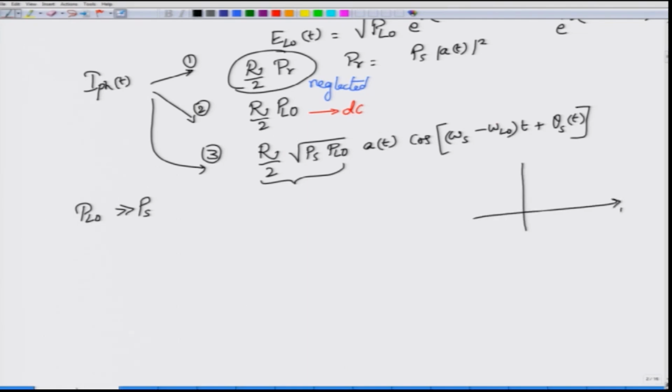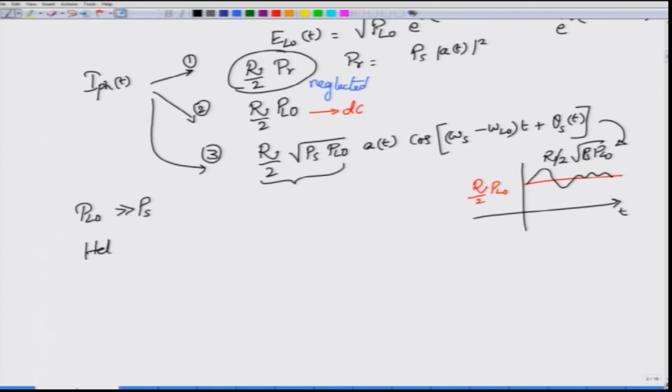As a function of time, there is a DC signal corresponding to R by 2 PLO, and a time varying signal corresponding to R by 2 square root PS PLO, times A of t cos of (omega s minus omega LO) t.